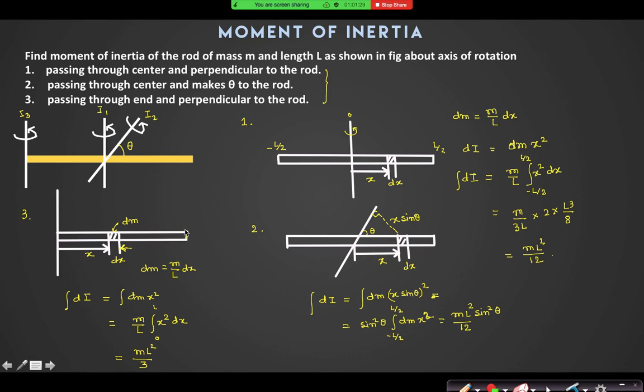This dimension is negligible. The length of the rod is dx for this mass dm. So if the total mass is m for L, then for dx part the mass will be m by L into dx.